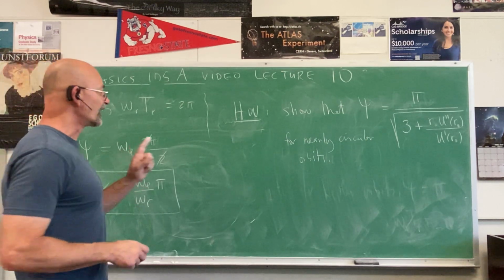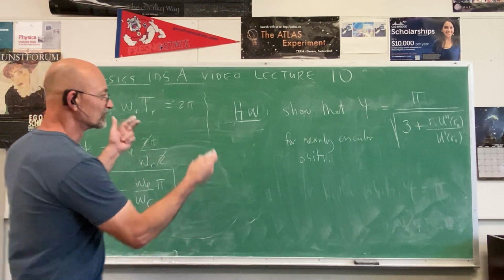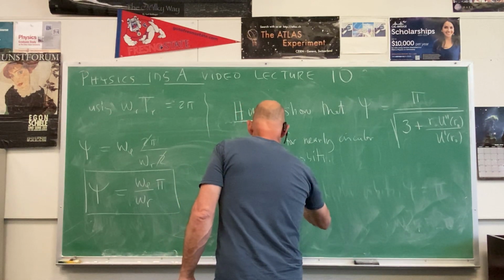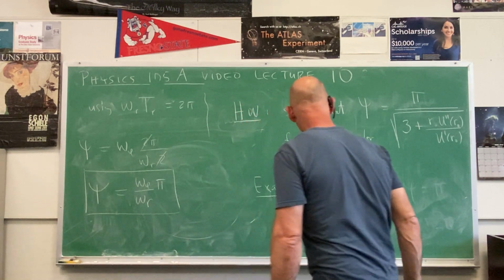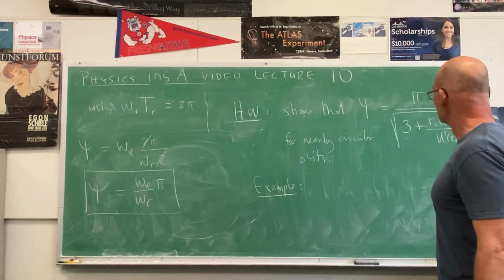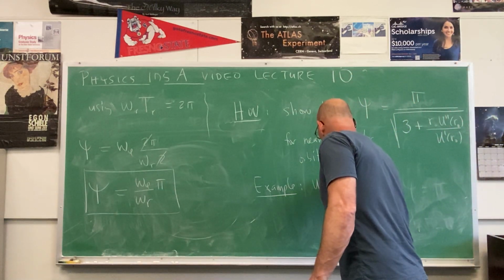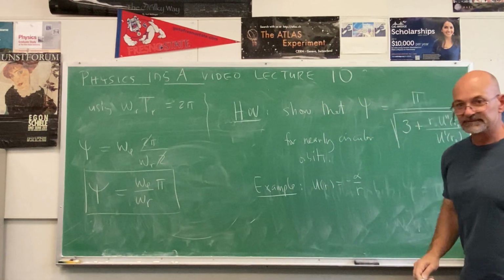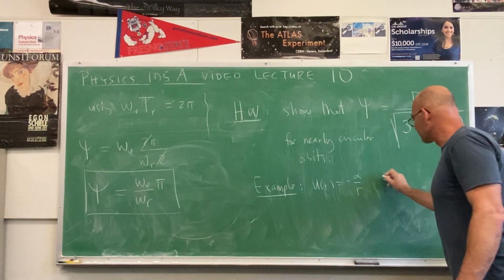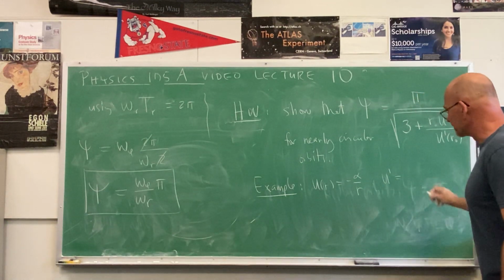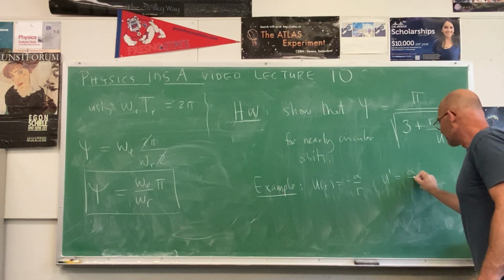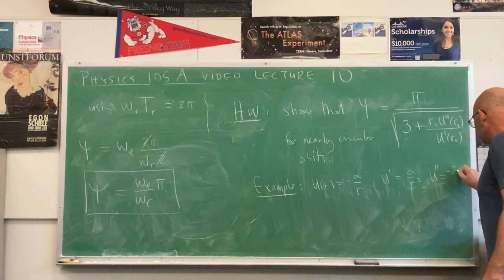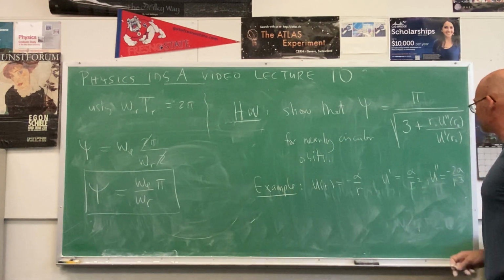You know, I think I'll do the example and then I'll get us started, since I've just written this down. So the example. U of r is equal to minus alpha over r. What else? Okay, of course. So what do we have for u prime is equal to alpha over r squared, u double prime is equal to minus 2 alpha over r cubed.